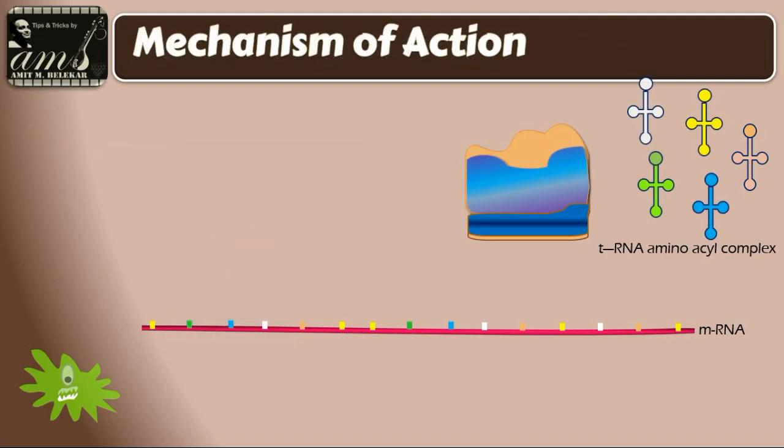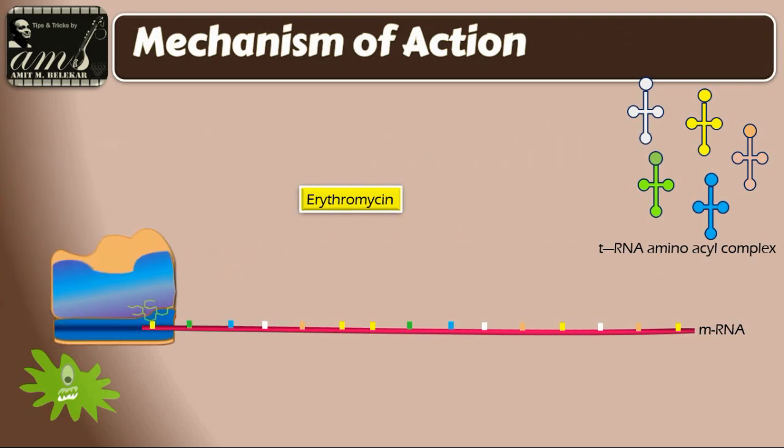Now we have to discuss the mechanism of action of erythromycin. Erythromycin has affinity for the 50S subunit of bacterial ribosomes and binds with the acceptor site.